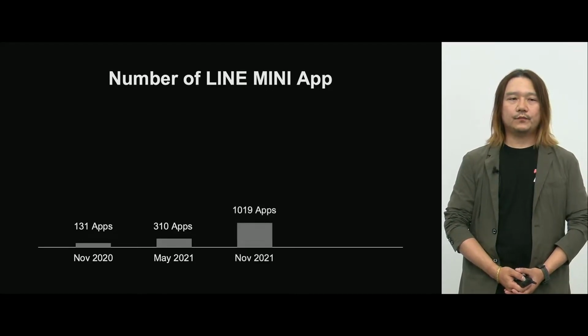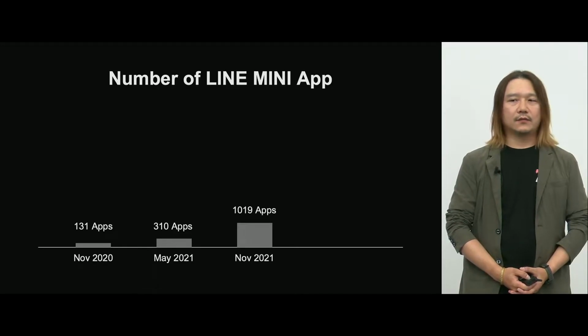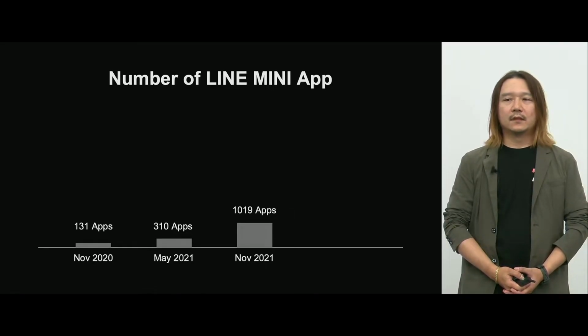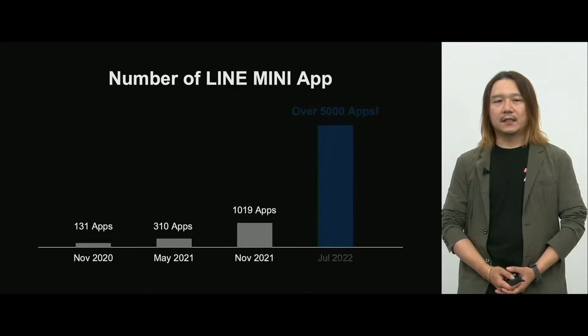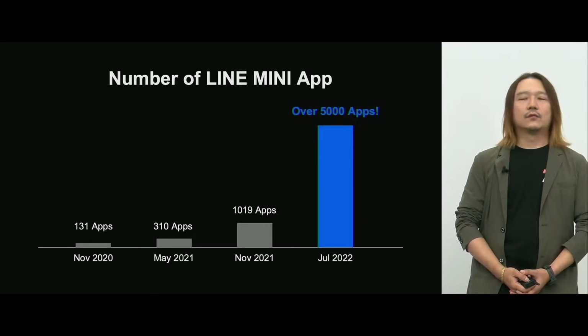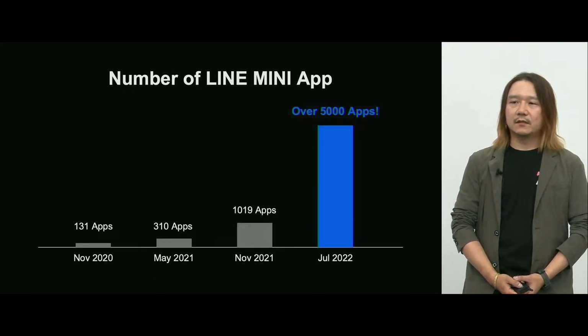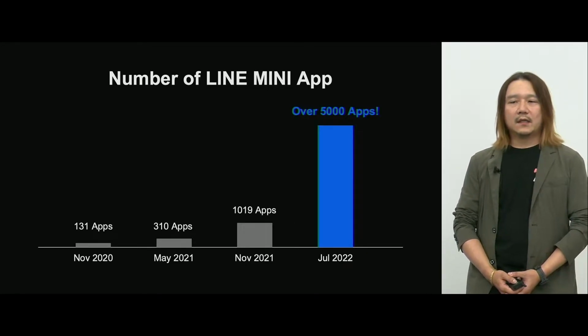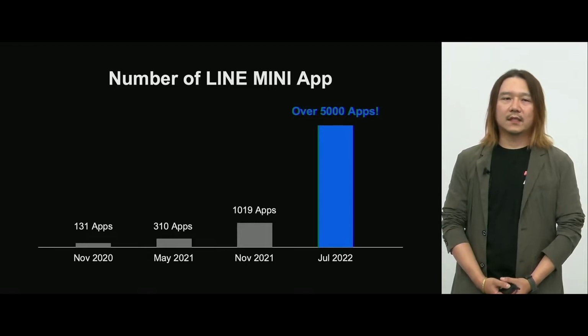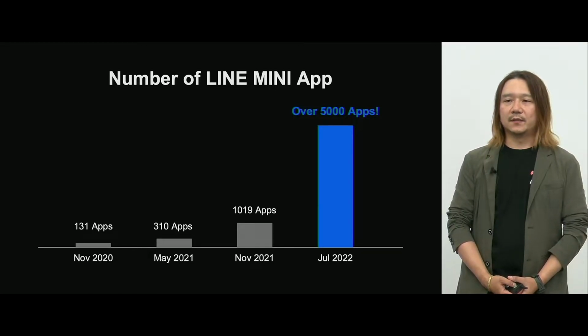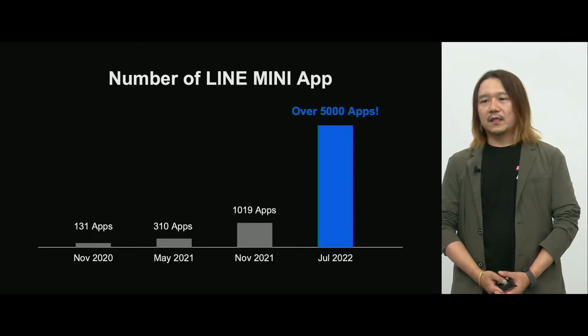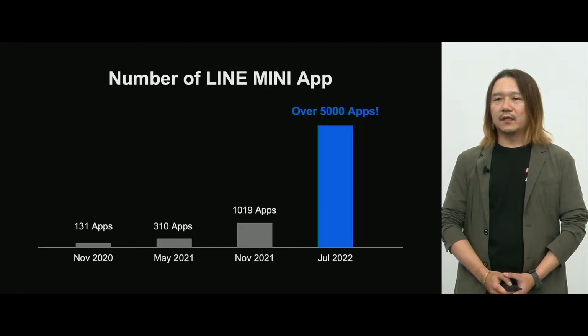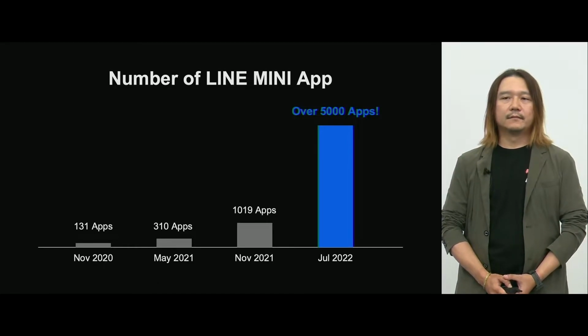In May of 2021, 310, and in November of 2021, it goes beyond 1,000. And July of this year, more than 5,000 mini apps were released. So 5 times within an 8-month period. Very fast growth.